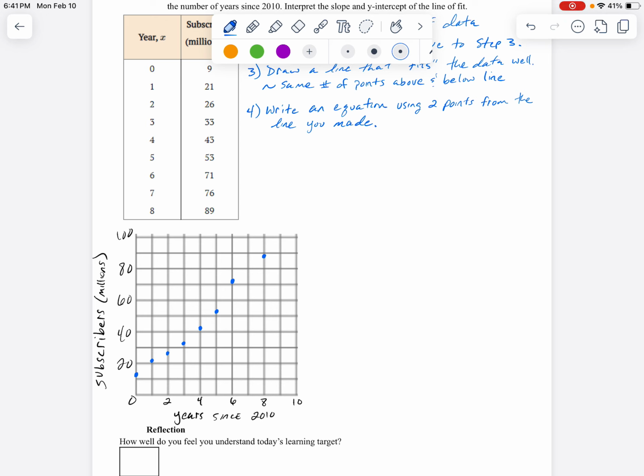Okay, so here's a pretty good look at our data.